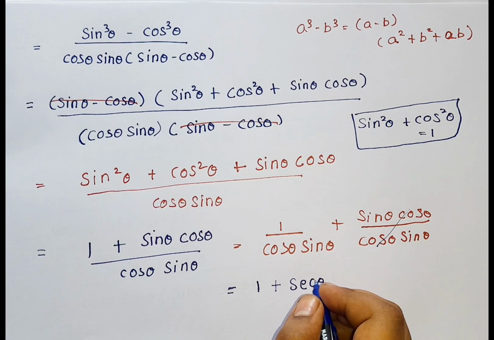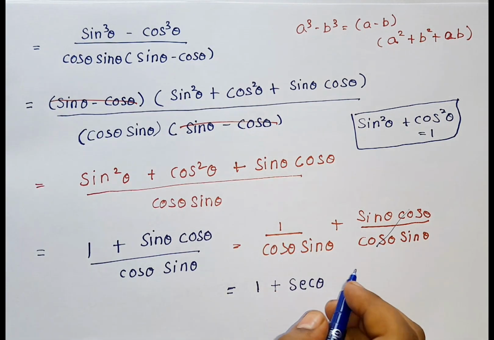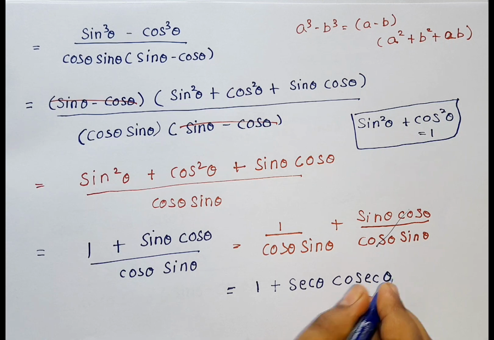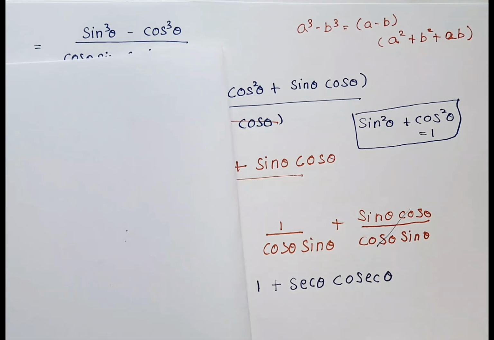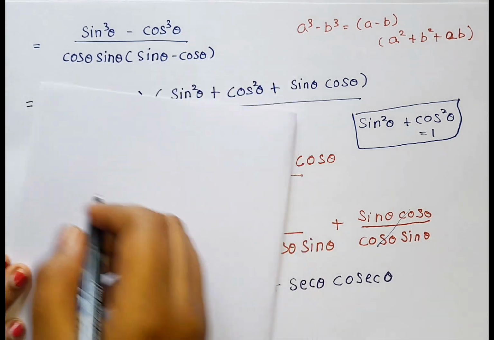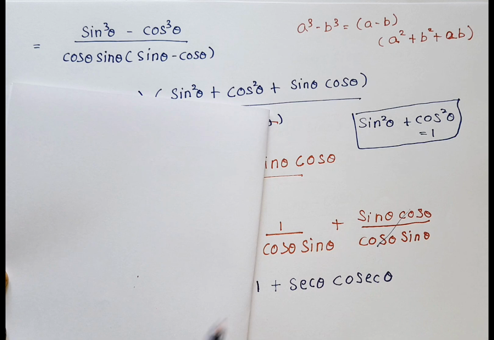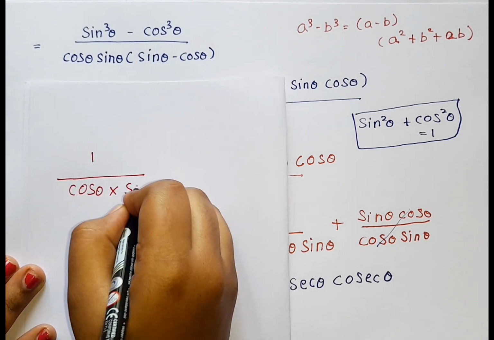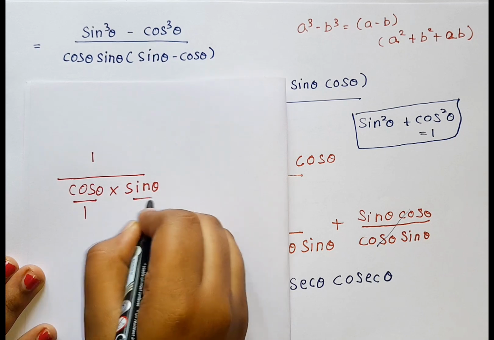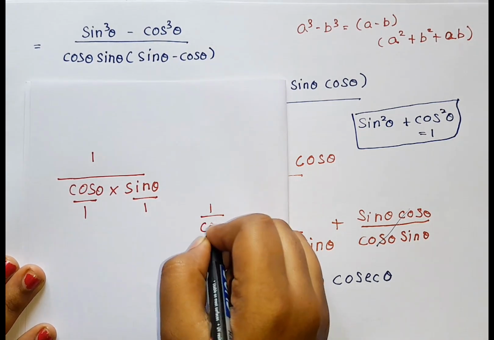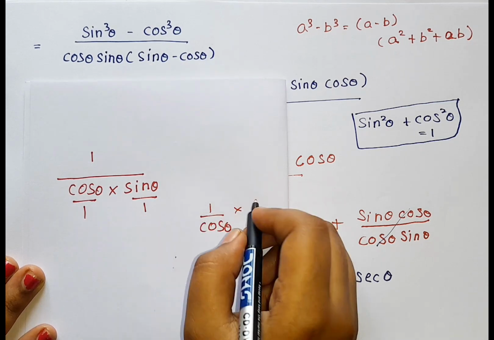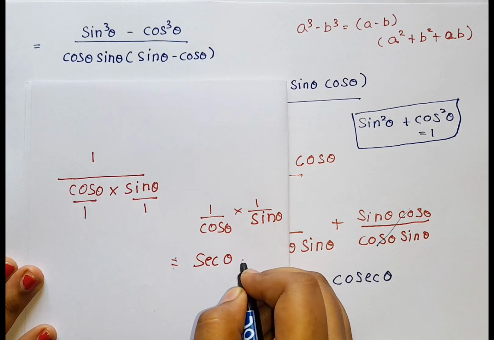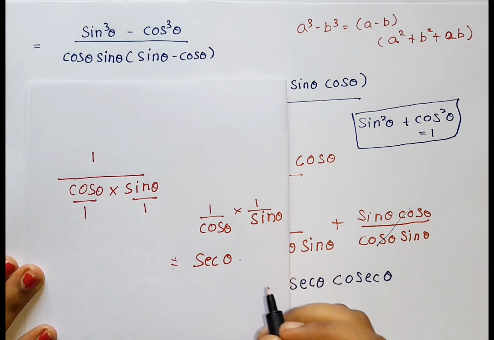And then we have 1 by sin theta, whose value is cosecant theta. You might be wondering how, I'll teach you. We wrote this one as it is, and this plus as it is. Here we have cos theta into sin theta, and nothing there means 1. When we take reciprocal, we get 1 by cos theta and 1 by sin theta. So 1 by cos theta is secant theta, and 1 by sin theta is cosecant theta.